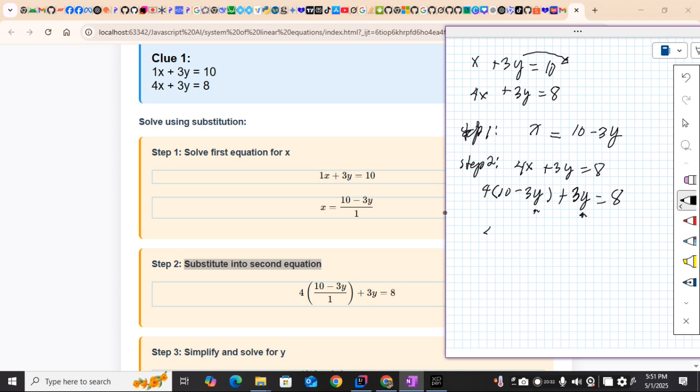So this one is 40, and 3 times 4 is 12, plus 3y equals 8. Now we can combine this. So minus 12y plus 3y is minus 9y, equals, so 40, and this one is 8. Well, we can transpose it to the other side.